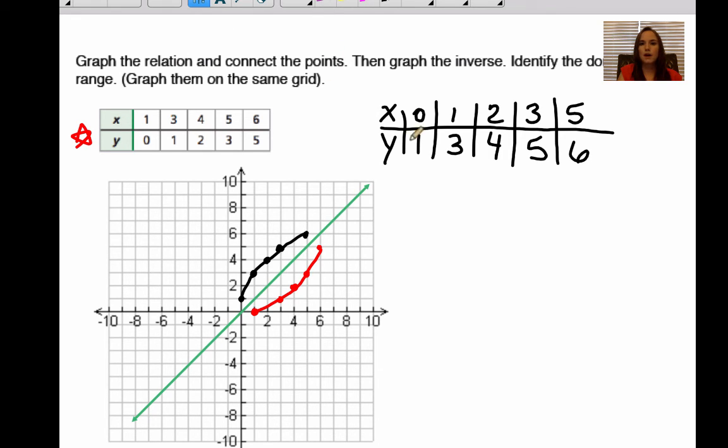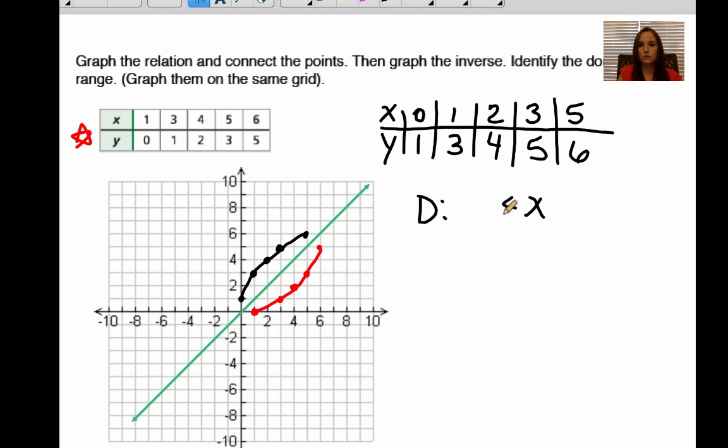The domain of the inverse graph, the inverse relation that we made, well, that's the set of x's, and since we were told to connect them, we have to say that everything in between those values is included. So my x values, in this black relation here, go from 0 on the left all the way to 5 on the right.